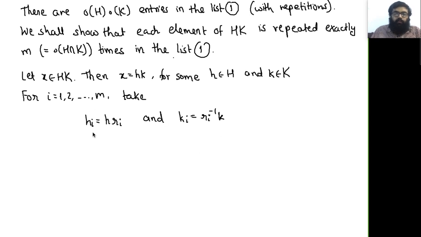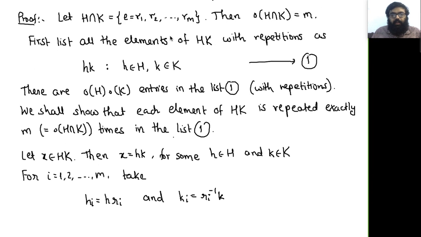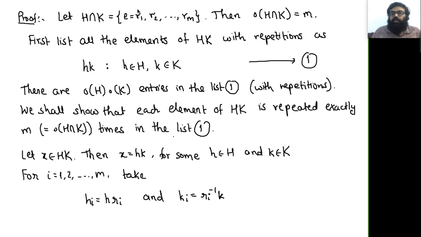What we have taken is, for i equals 1 to m, we have defined m elements hi. How are hi defined? h times ri, and correspondingly ki is ri inverse k. You know what the ri are? They are nothing but elements of H intersection K.